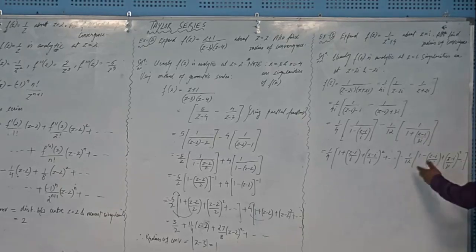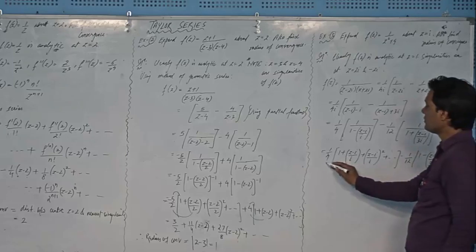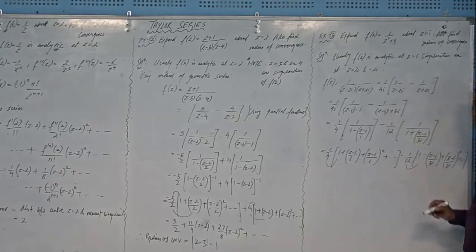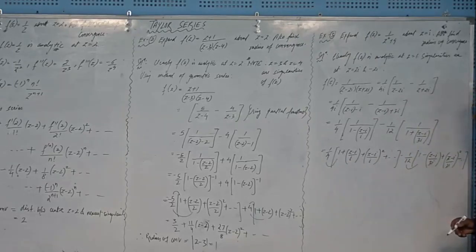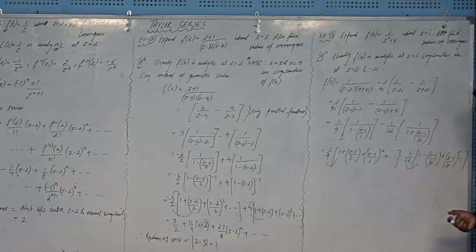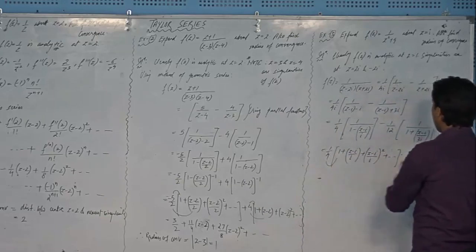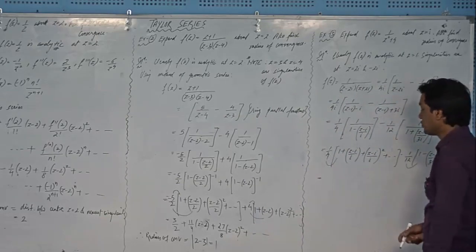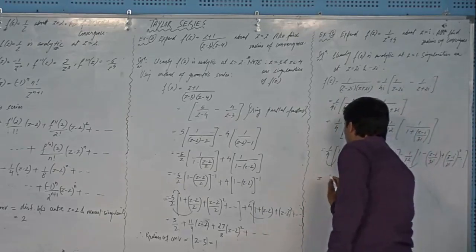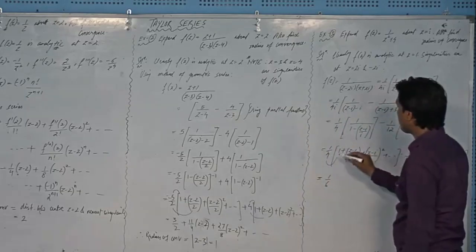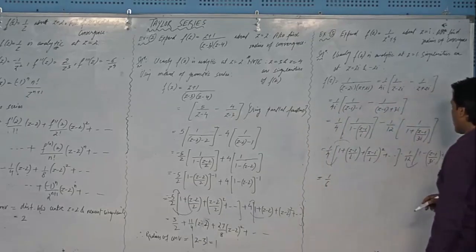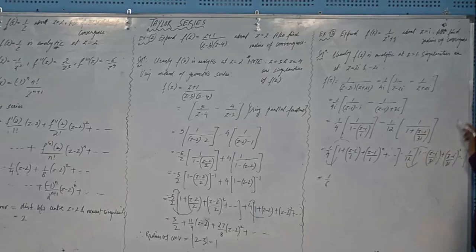And now you can add the like terms, like this is 1 by 4 and this is minus 1 by 12, right? So you can add them, and that will give you, it is actually 3 by 12 and minus 1 by 12, so it will be 2 by 12, so 1 by 6. And this is your 1 over 4 iota, and this is a minus 1 upon 36 iota.